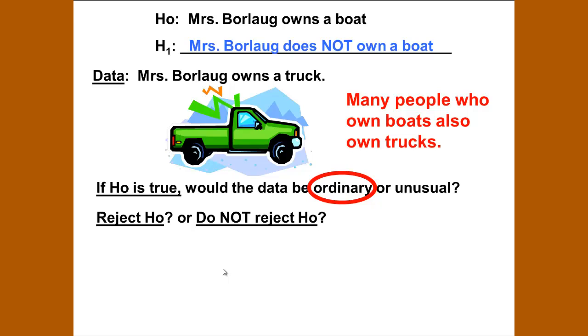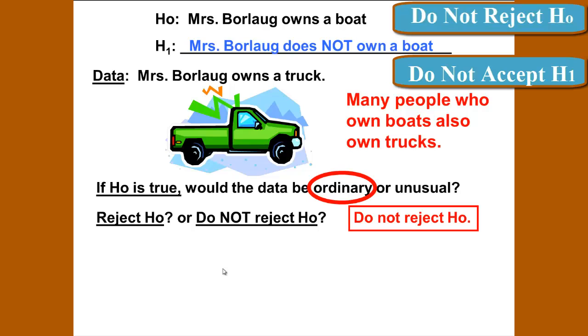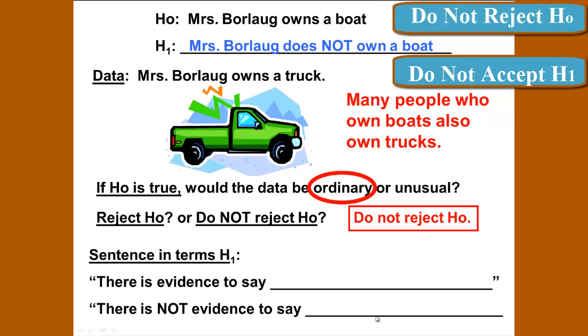So if H0 is true, this still would be ordinary data. Because it is ordinary data, would we reject H0 or do not reject H0? Well, we could not reject the H0. It does not cause us to reject the null, therefore we cannot accept H1. So we do not reject H0.